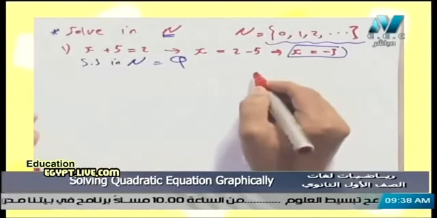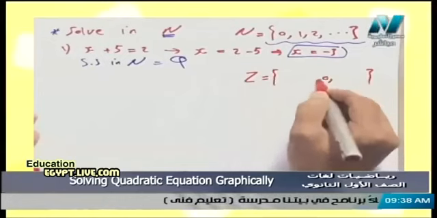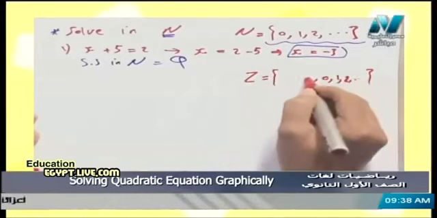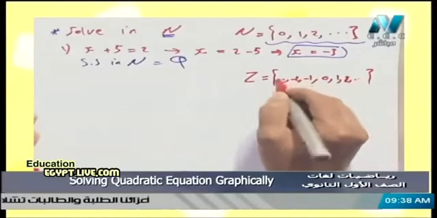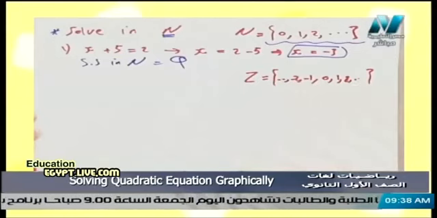set of numbers, which is Z. Z here has 0 in the middle. We have 1, 2, and so on, and -1, -2, and so on. That means that we have here -2 and -3.